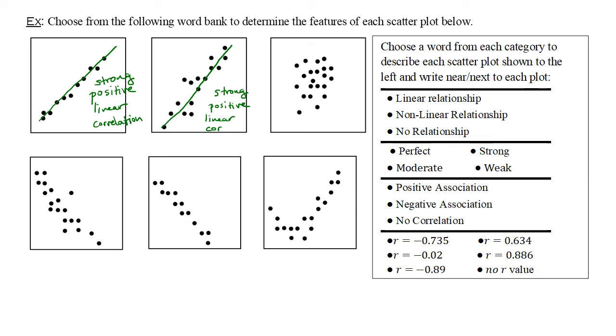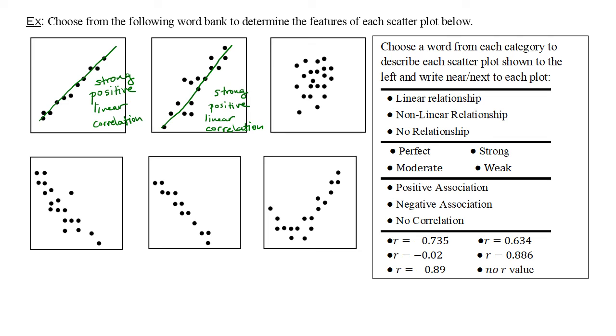But I would argue that maybe this one is not as strong as the previous one. In other words, this one is stronger, and so I can imagine that this one would have a larger correlation coefficient than this one.